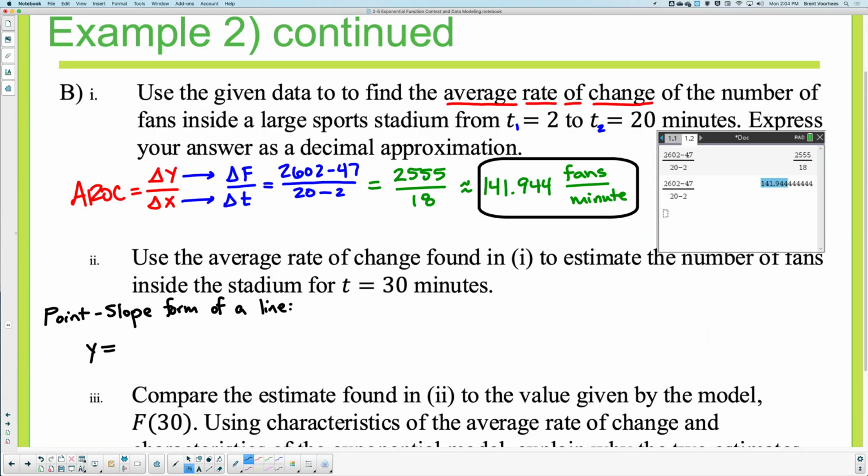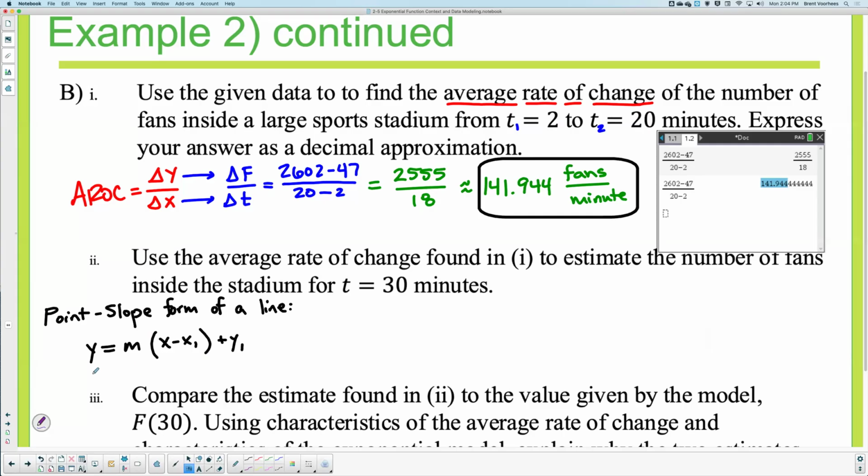That formula was y equals, do y'all remember the formula? m(x minus x1) plus y1. We're going to use this formula. When I plug all the values in, I'll just write underneath it.